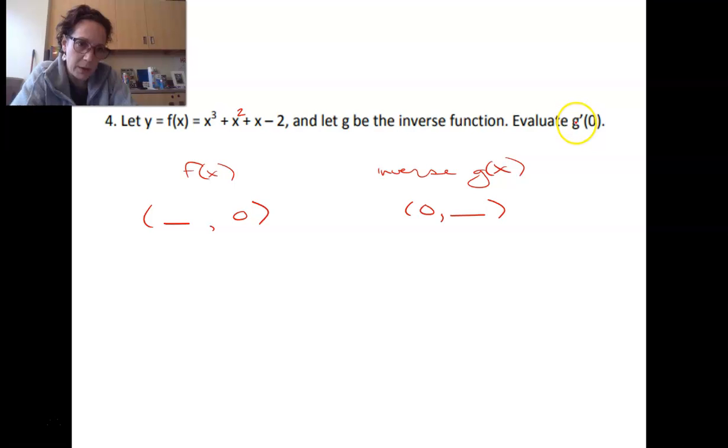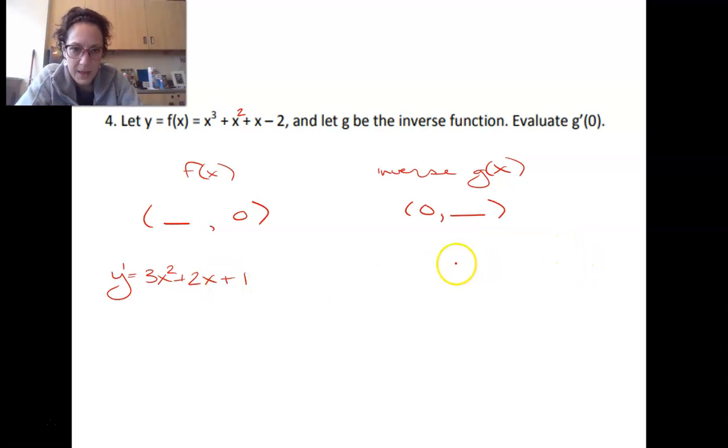What I really want is the slope, right? So let's find the slope of this function. Over here, y prime is going to equal 3x squared plus 2x plus 1. And then over here, I know it's just going to be 1 over that. So over here, my y prime, or my g prime, is 1 over this.